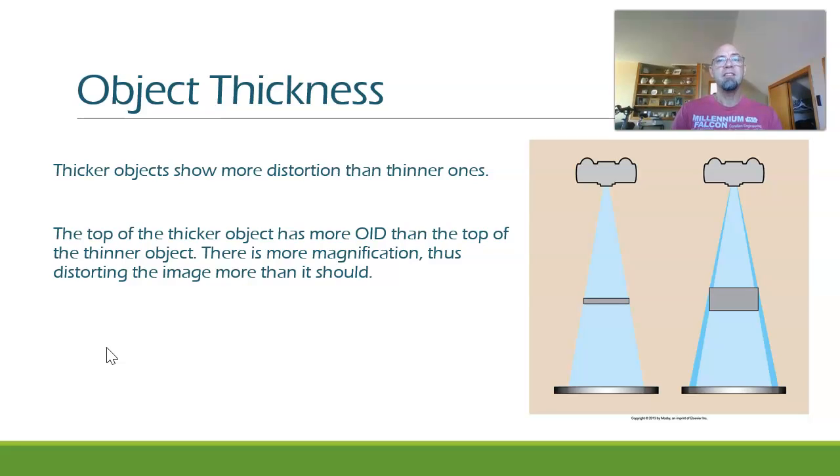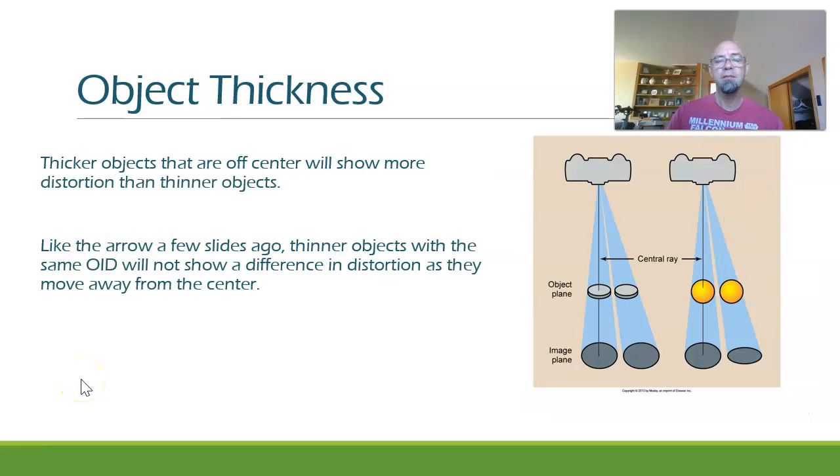And because of the thickness of that person's body part, there's going to be more blurriness to it as well. So the thickness of an object can affect the distortion of the image. Now, in the last video, we talked about whether there is a change in magnification depending on where it is on the image receptor. And so this is kind of a similar scenario here.